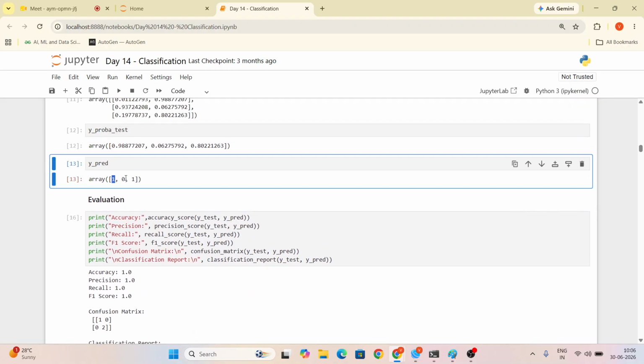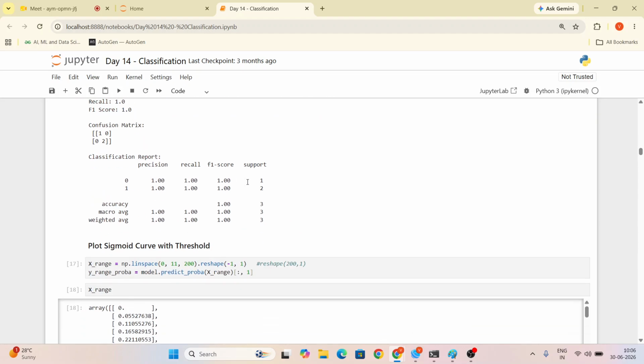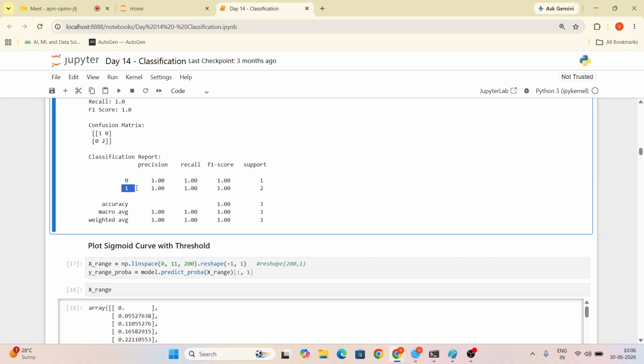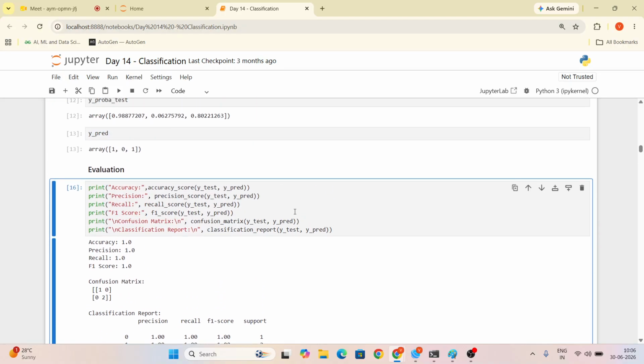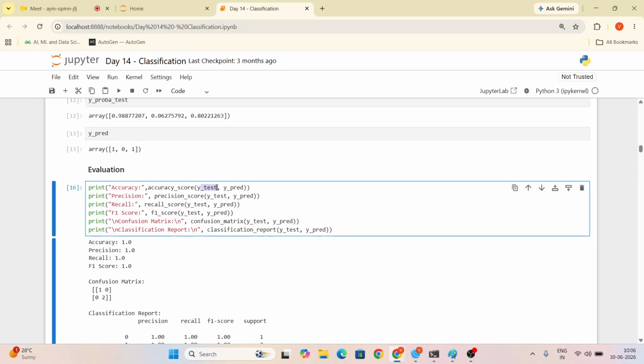And how many pass percentages here? 2. So guys, 0 denotes fail and 1 denotes pass. And the three accuracies are 100%, right? Do you have any doubt here? All are actual value and predicted value. Don't get confused. Do you have any doubts here?